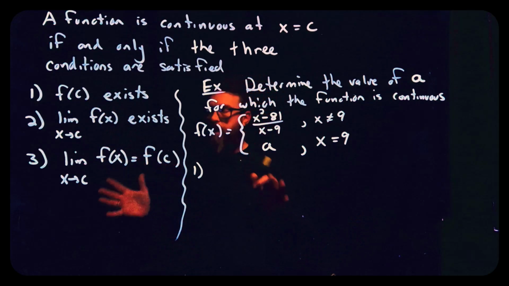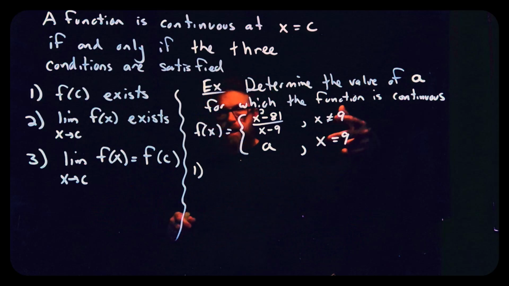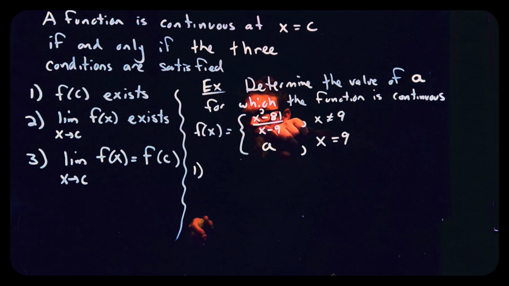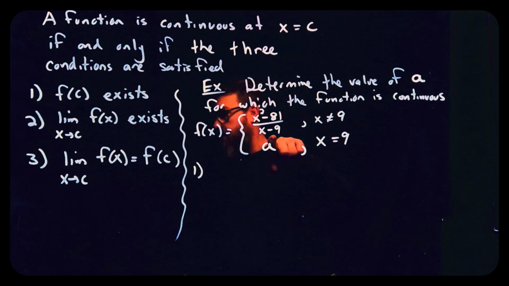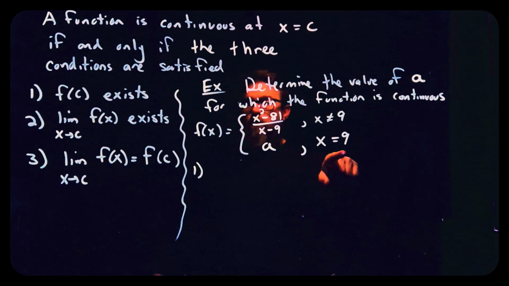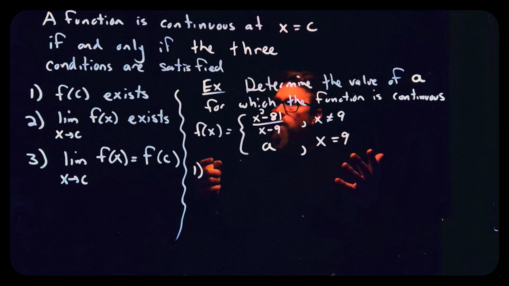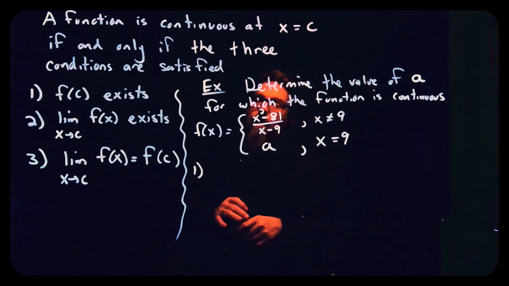In this case, the spot where it's not going to be continuous is at this 9 value, because this function here would be continuous everywhere except where the denominator is equal to 0. That's why I'm not allowed to plug in 9 here. And this function is equal to a when I plug in x equals 9. So the only spot where we have a problem of continuity is at this 9 value.